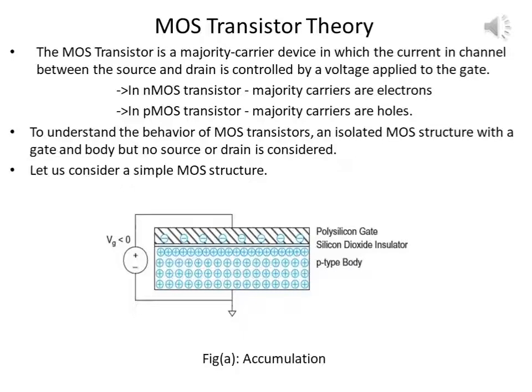Since it is a P-type body, the majority carriers are holes, shown in blue in the figure.